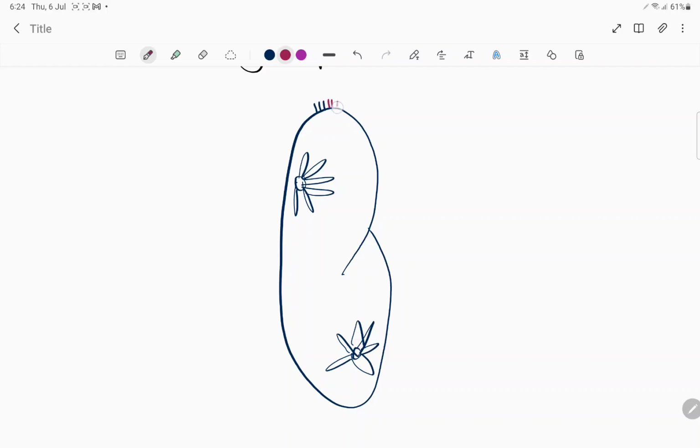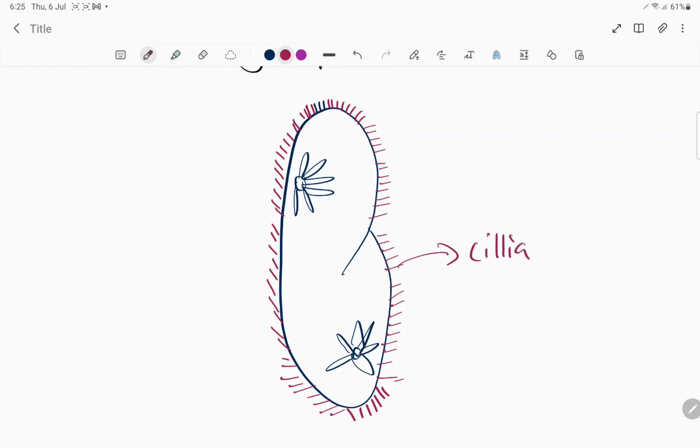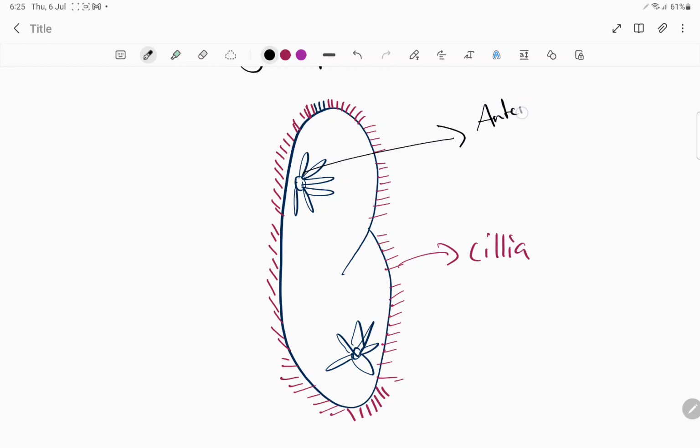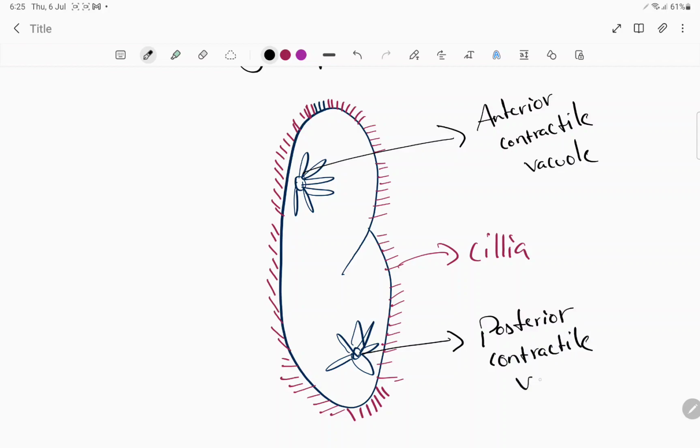All over the body we have eyelash-like structures, which are cilia. These are radiating vacuoles.